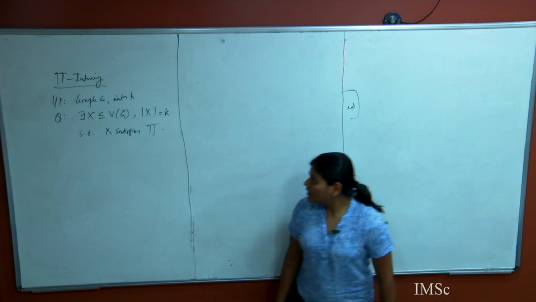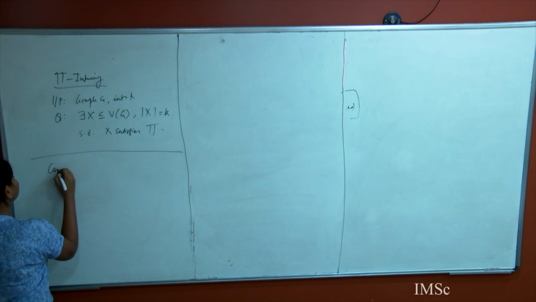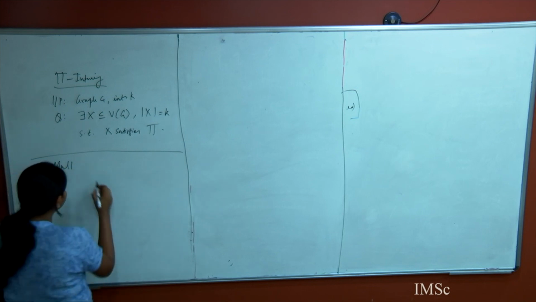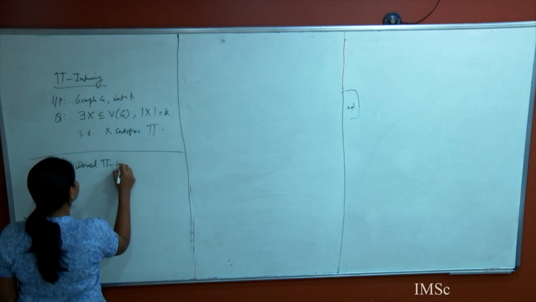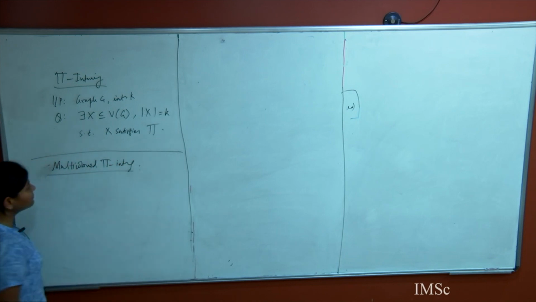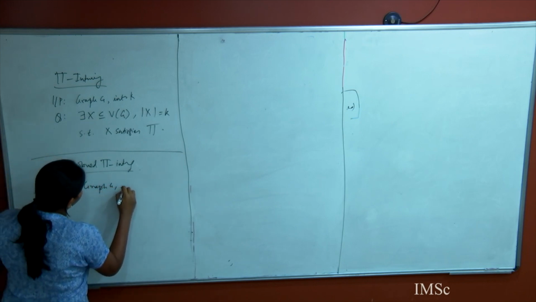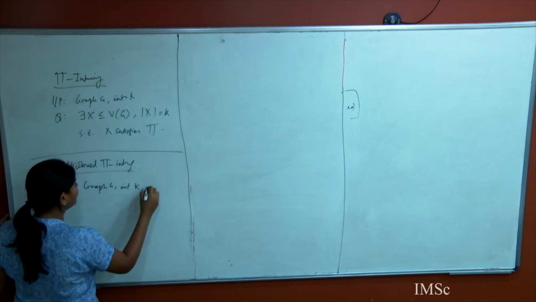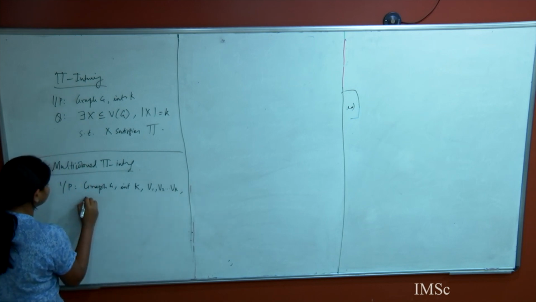Now let us define another problem: the colorful pi interesting problem, or multicolored, just to be consistent with the literature. So now here the input is an integer k, and you have partitions V1, V2 up to Vk, a partition of V(G).